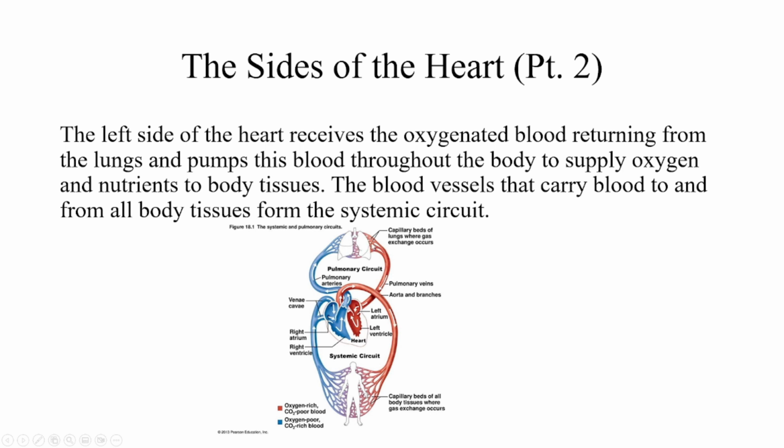It leaves the lungs, goes down through the pulmonary veins, through the left atrium and left ventricle, as well as to the heart itself, and then it loops all the way around through the aorta and its branches, all the way around to the body. So it's like a massive loop.